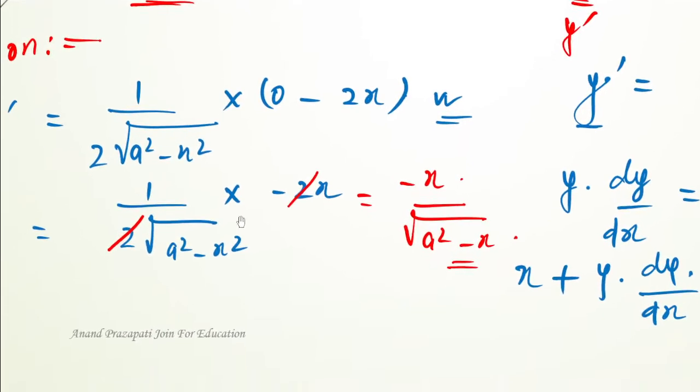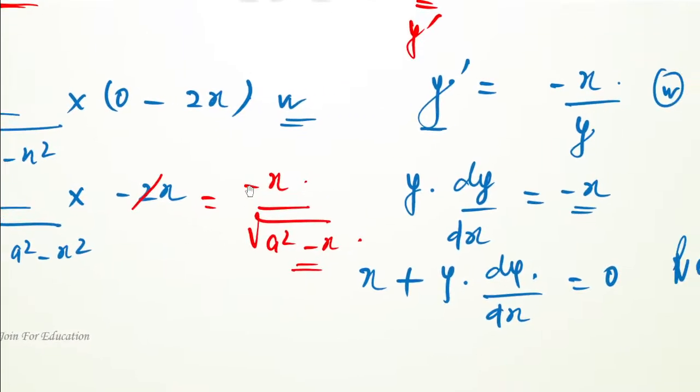So the next step is 1 by 2 square root of a square minus x square, and 0 minus 2x equal to minus 2x. We cancel out 2, then we get minus x by square root of a square minus x square.